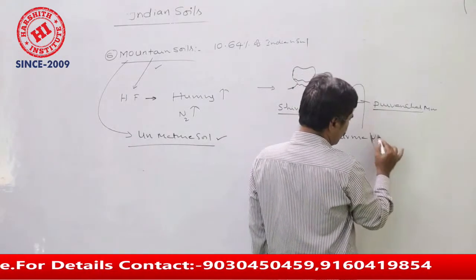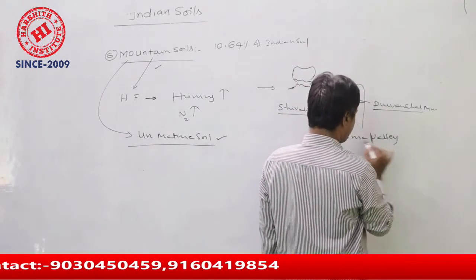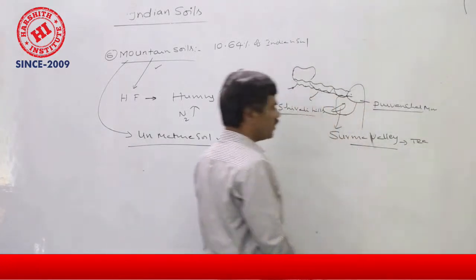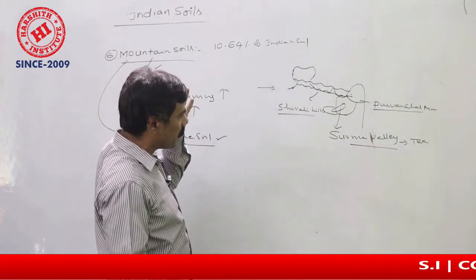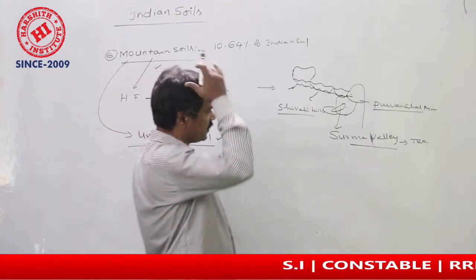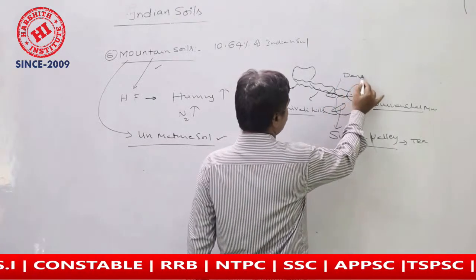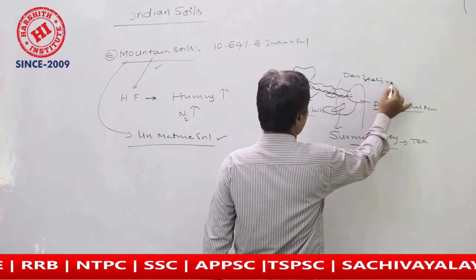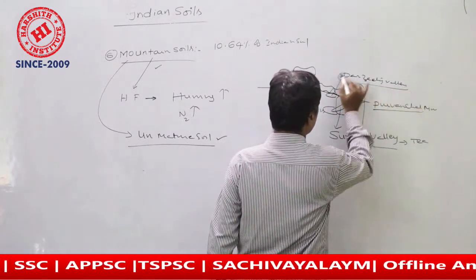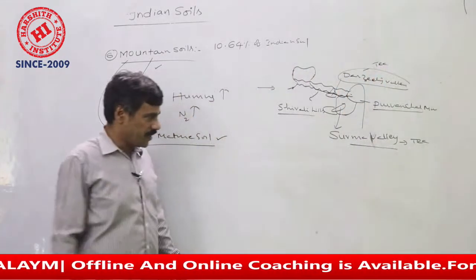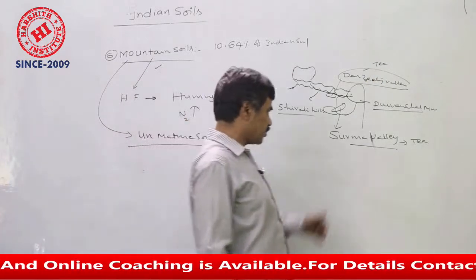This Surma Valley is very famous for tea cultivation. The tea gardens are mostly on the slopes of the Surma Valley hill areas. And also here, Darjeeling Valley is very famous for tea cultivation. In India, the biggest tea cultivating region is Surma Valley.